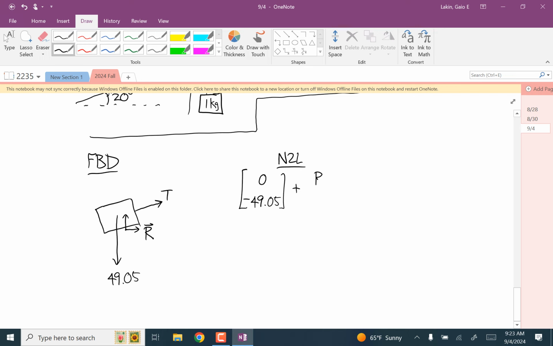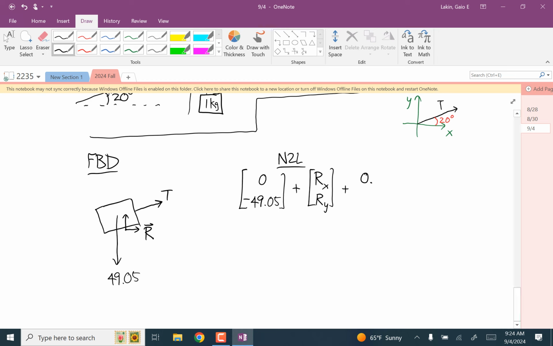Then the reaction force from the ground is Rx, Ry. Then this cable force, here's the coordinate system. There's the force. It has a magnitude of T. And this angle is 20 degrees. So this is going to be T times cosine and sine of 20 degrees.